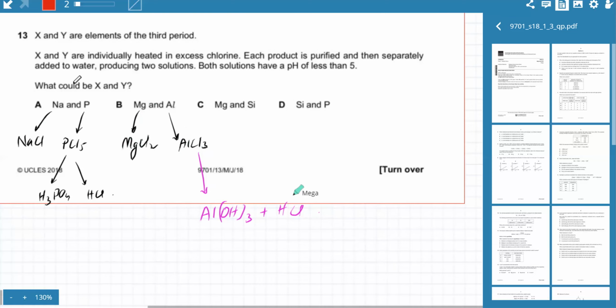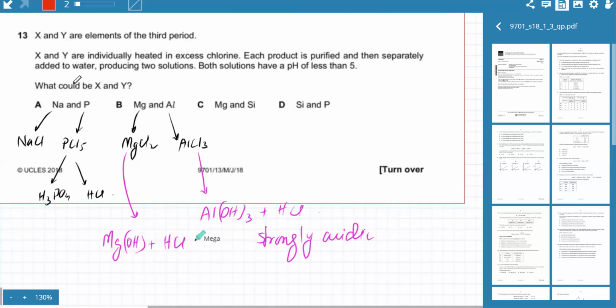It's going to be strongly acidic. Meanwhile, for MgCl2, we studied that it doesn't really hydrolyze much. It mostly dissolves. Although there would be some magnesium hydroxide and HCl, some hydrolysis would be happening, but very, very little. And the pH was around 6.5. It was very weakly acidic. So that's also not the correct option.